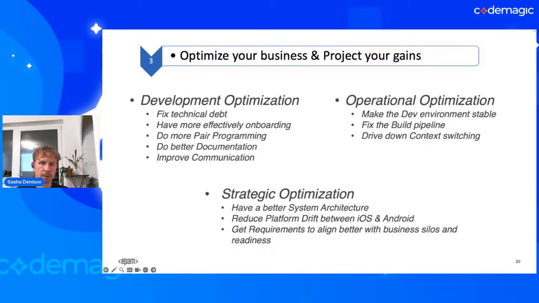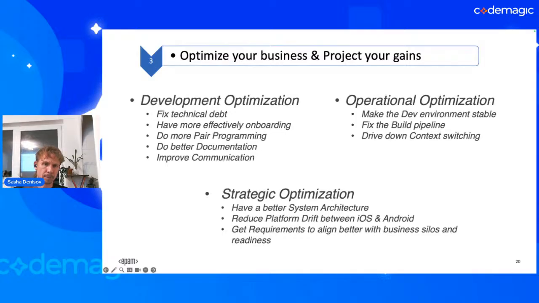For example, development optimization: fix tech debt so everything else speeds up, improve onboarding, use more pair programming, write better documentation, improve team communication. Then operation optimization: stabilize the dev environment, fix build pipelines, reduce context switching. All of them increase the efficiency of development.